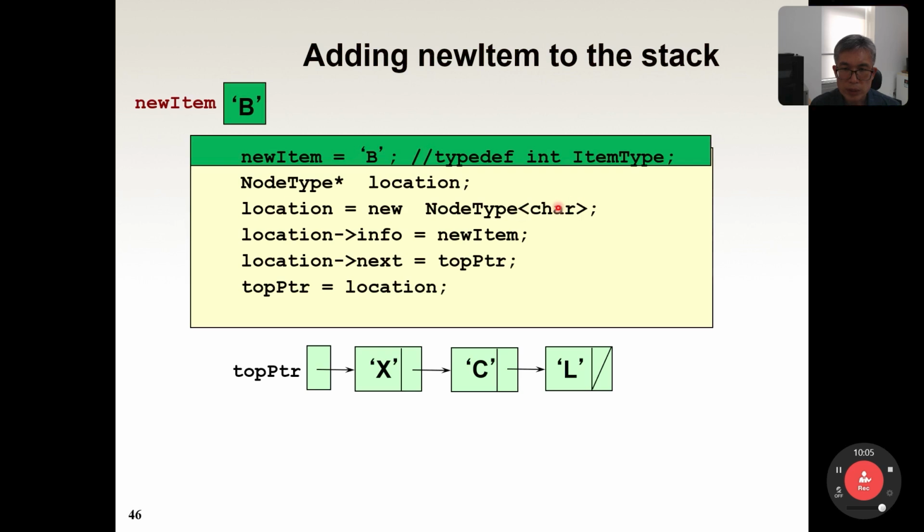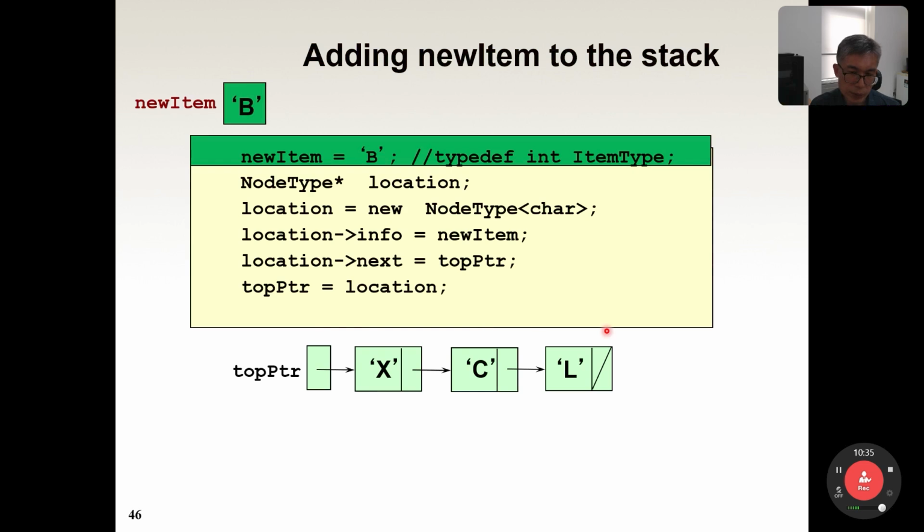So the character in brackets we can use, or without this is also fine. Node new type case is also fine, and then create, and then the location indicates the new node, and then we initialize the info with the new item B, and next is the top pointer, and then we adjust the top pointer to point to the location.